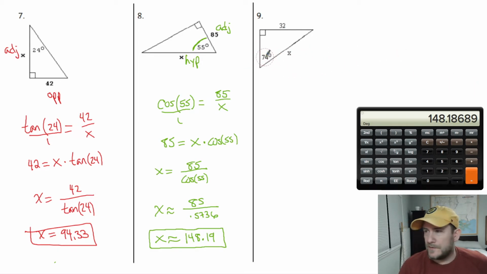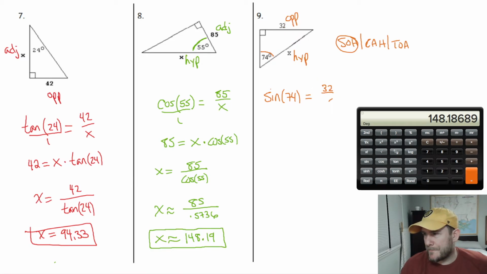Let's solve for x one more time. Given that we're using this 74-degree angle, we're going to call 32 the opposite side. X is the hypotenuse. That means in SOHCAHTOA, we're talking about sine, because it's O and H. So we'll say that the sine of 74 equals opposite over hypotenuse, so 32 over x.